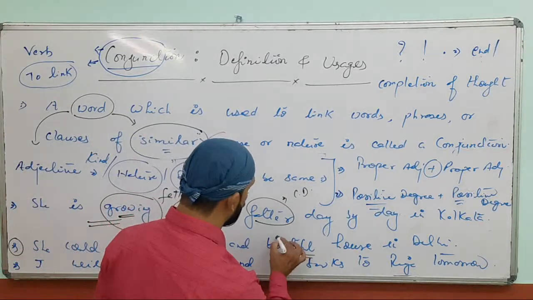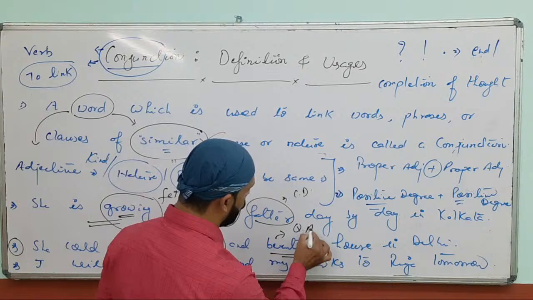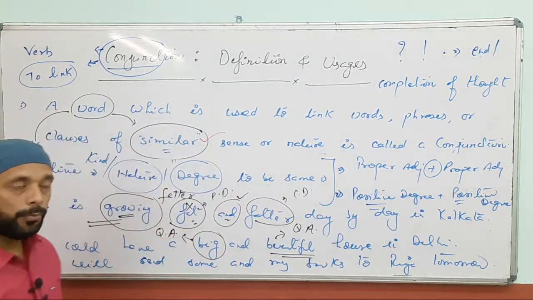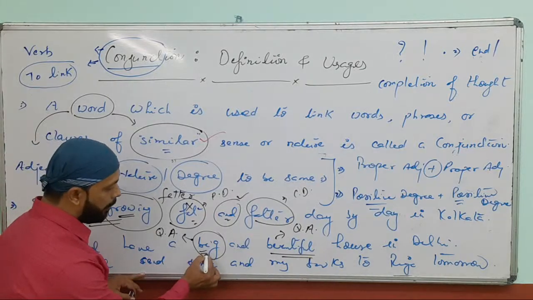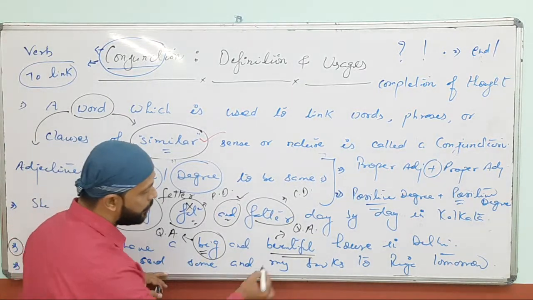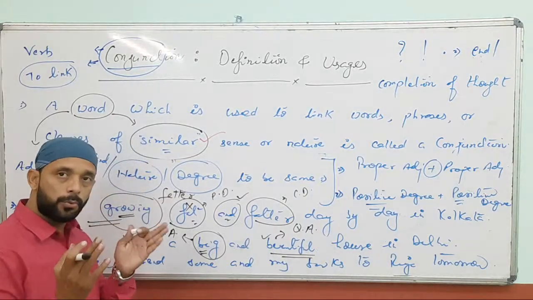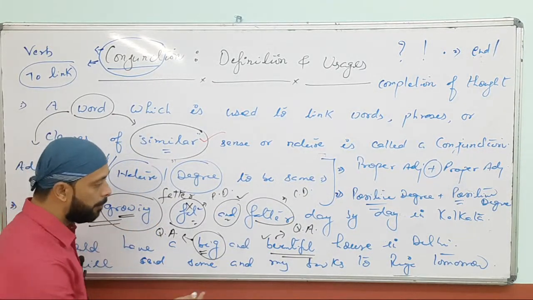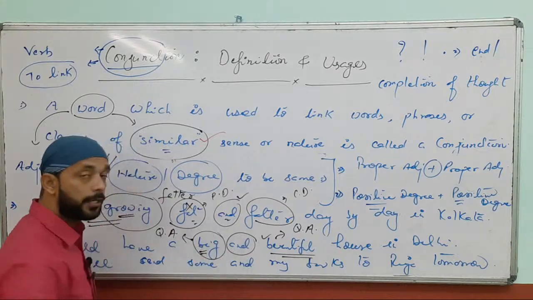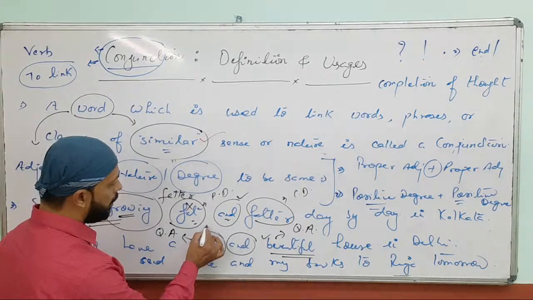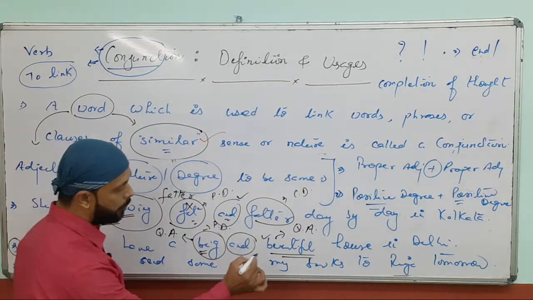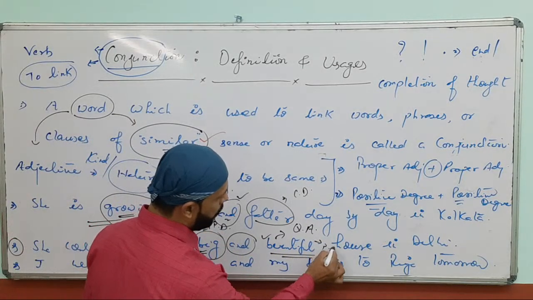Okay, it's also a qualitative adjective. So what you find is that two qualitative adjectives are linked exactly, Sarita and Deendayal. One, big, is qualitative. The next, beautiful, is qualitative. So two qualitative adjectives are linked with the help of and, and the second thing, they are of the same degree. Big is a positive degree and beautiful is also a positive degree.